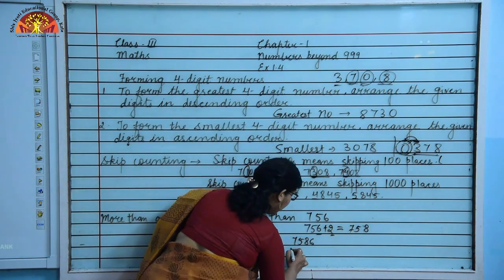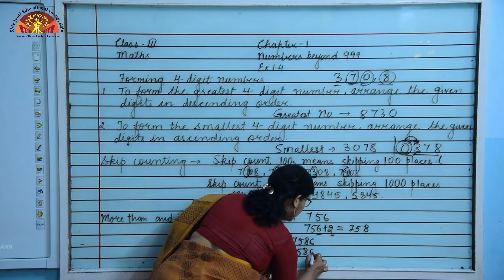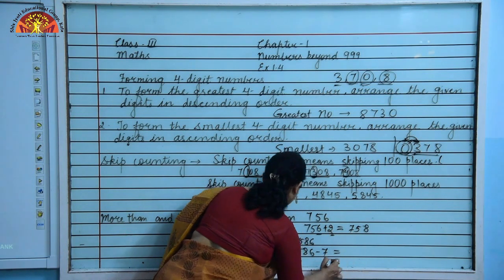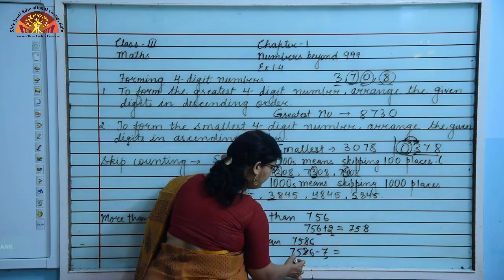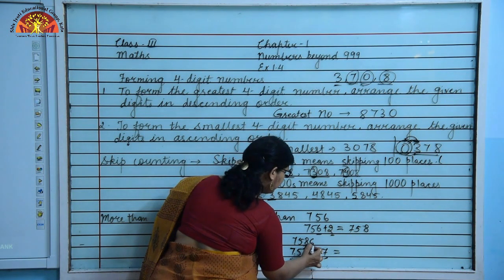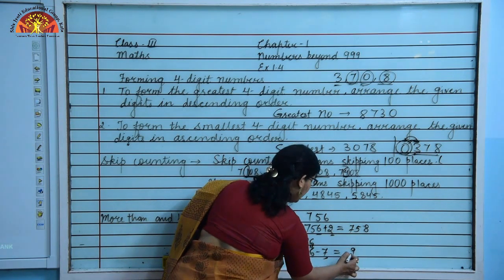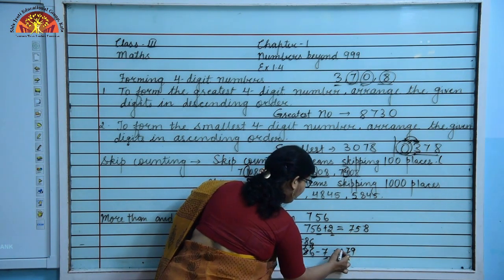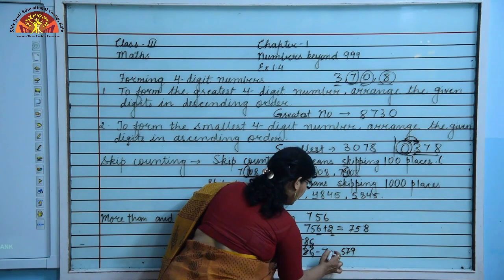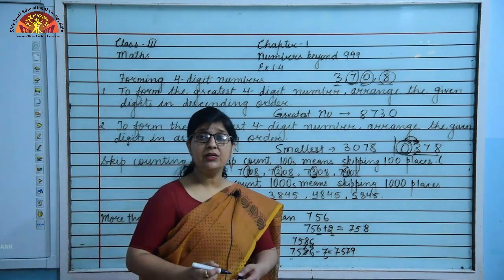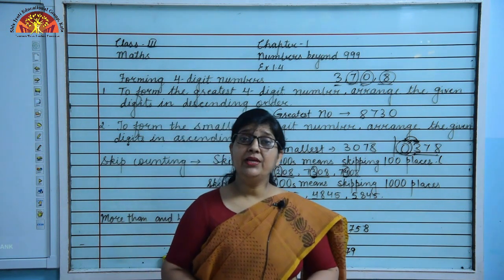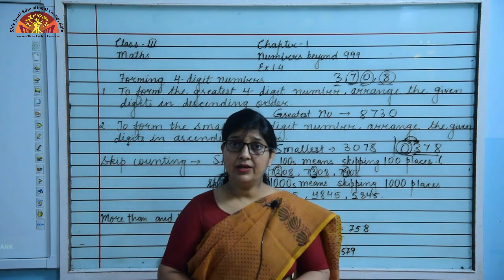So 7586 minus 7: 6 minus 7 is not possible, so we borrow from this, it becomes 7, and it becomes 16. 16 minus 7 is 9, then 7, then 5 and then 7. So less than means subtraction and more than means addition of the given number.